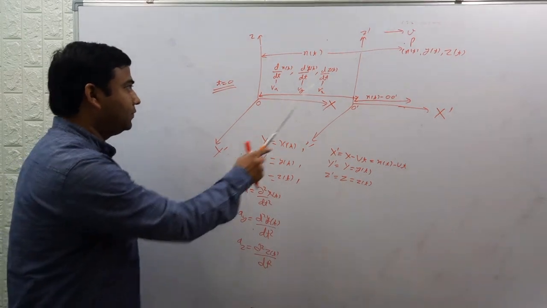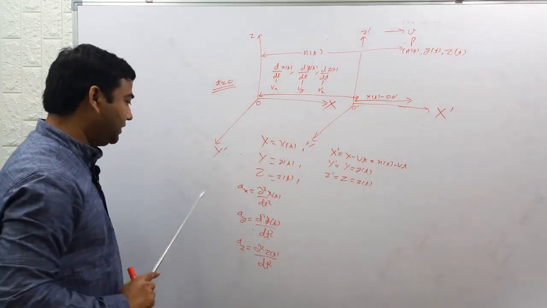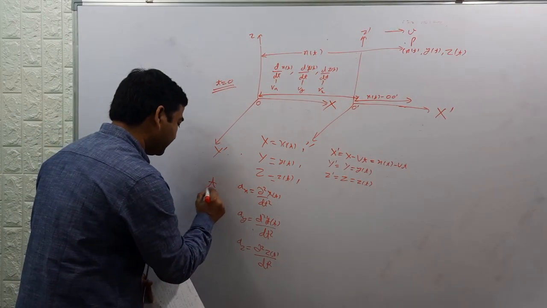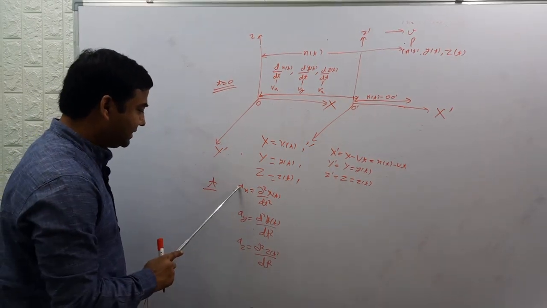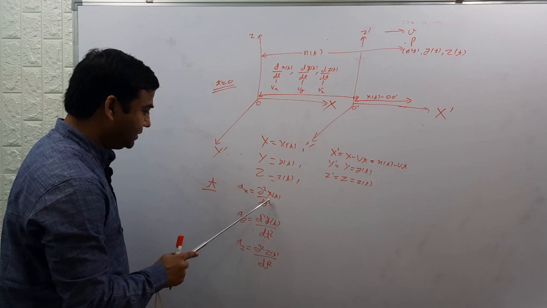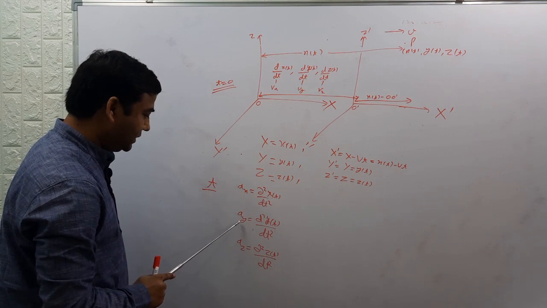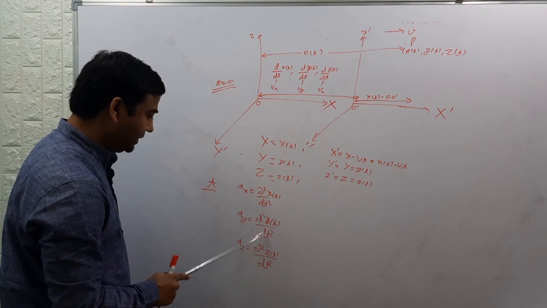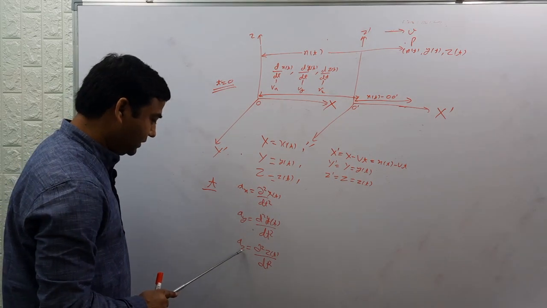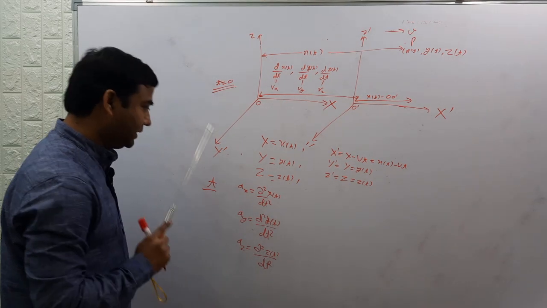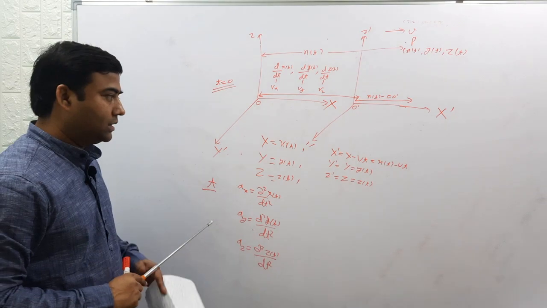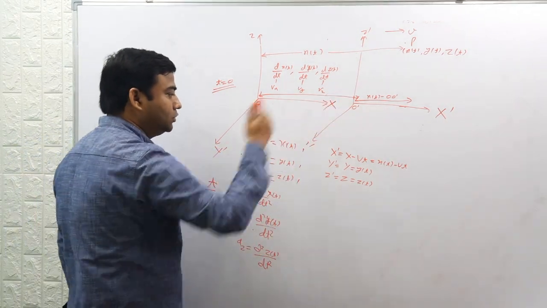So in this frame, for this point, at time t, acceleration in x direction is d2x(t) by dt square. Acceleration in y direction is d2y(t) by dt square. Acceleration in z direction is d2z(t) by dt square. Let us find acceleration in this new frame.